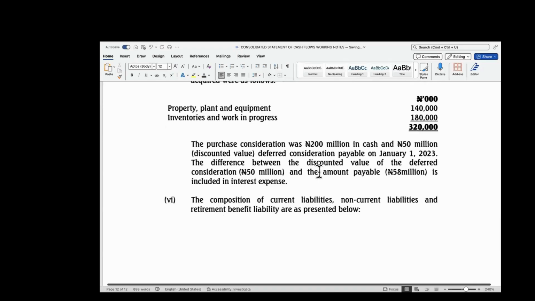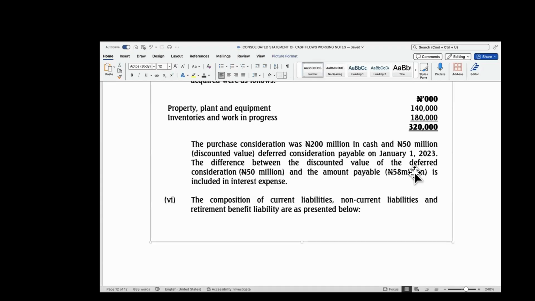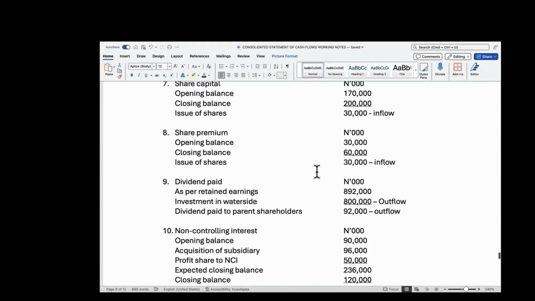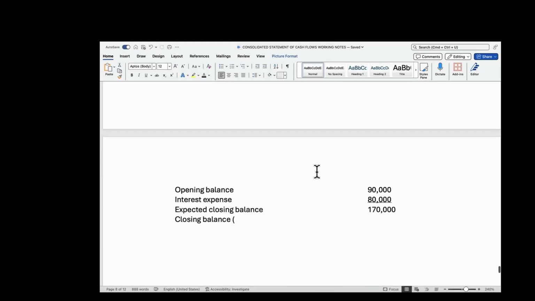Okay. They said this one is included in interest expense. This 8 already is included in interest expense. Difference between this 50 and 58. This deferred consideration. Okay, so let's see how I want to deal with that.